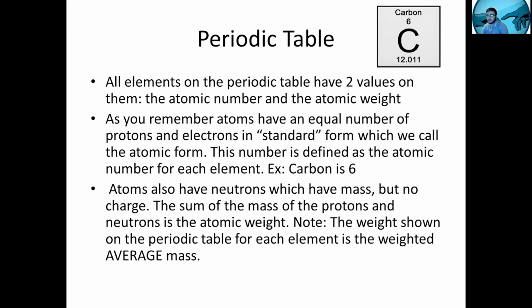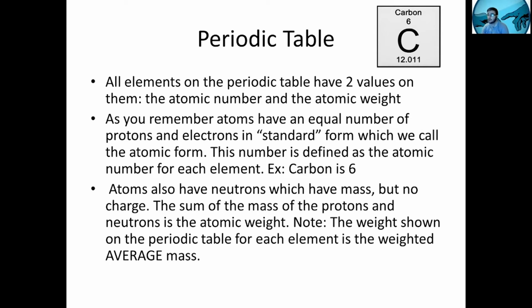Okay, and this atomic number is unique to each element. So, for example, for carbon, it's always 6, while the electrons may sometimes be different from this atomic number. For example, you can have carbon with 5 or 7 or more electrons, but you can never have carbon with more or fewer protons than 6, right?